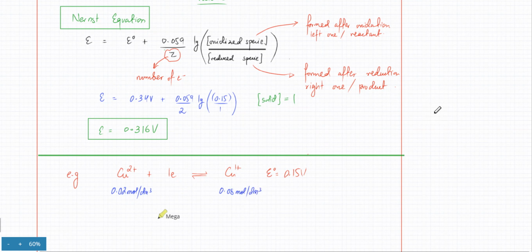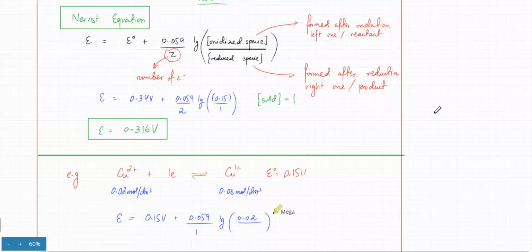So these are obviously non-standard conditions. So find the potential. Sarah, Aisha, can you try and do this and tell me what the answer is? So 0.02 divided by 0.08. What is the answer that you're getting?